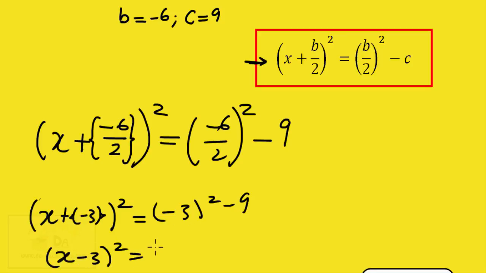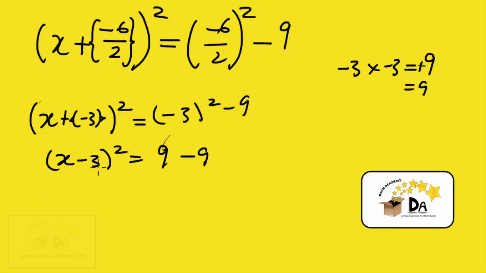Minus 3 times minus 3 is 9, because minus times minus is plus, and 3 times 3 is 9. So minus 3 squared is 9, minus 9. This gives 9 minus 9, so x minus 3 squared is 0.